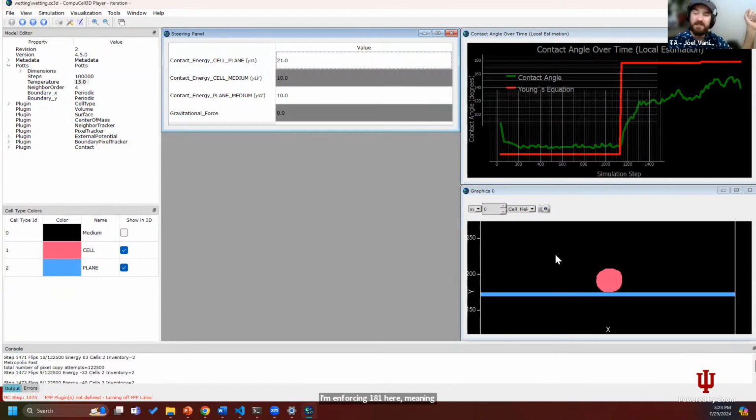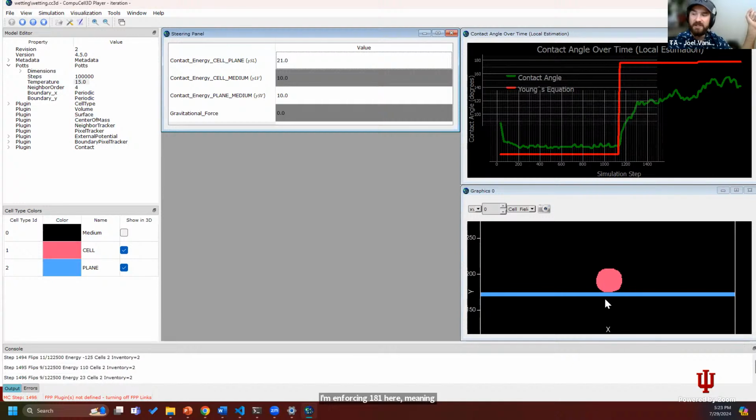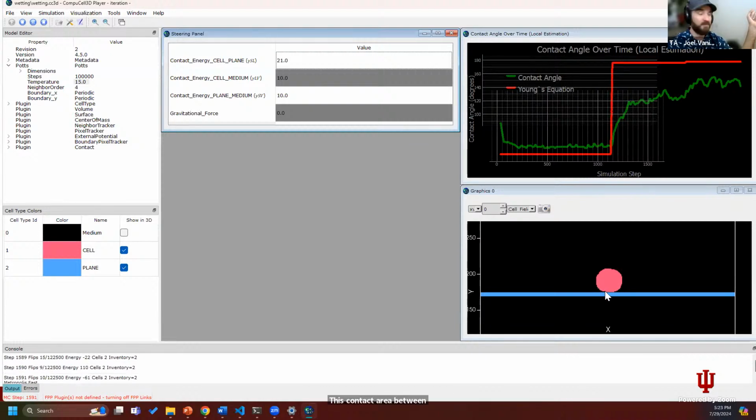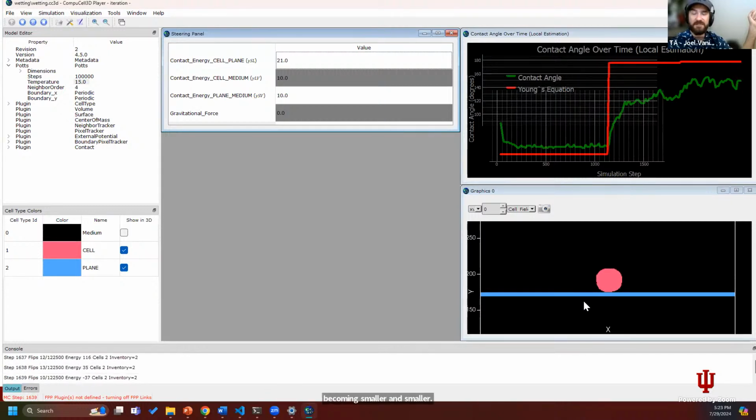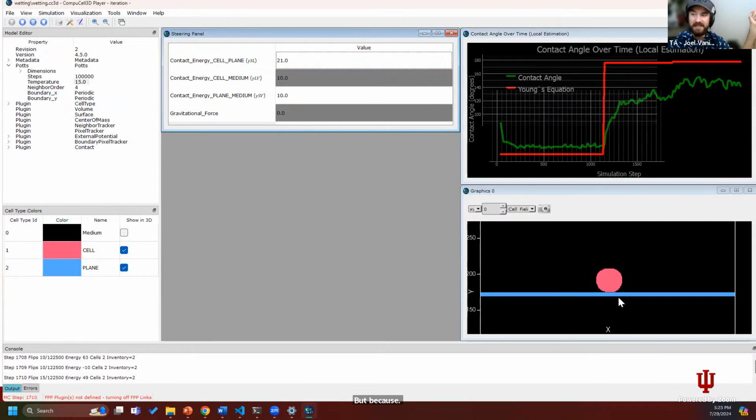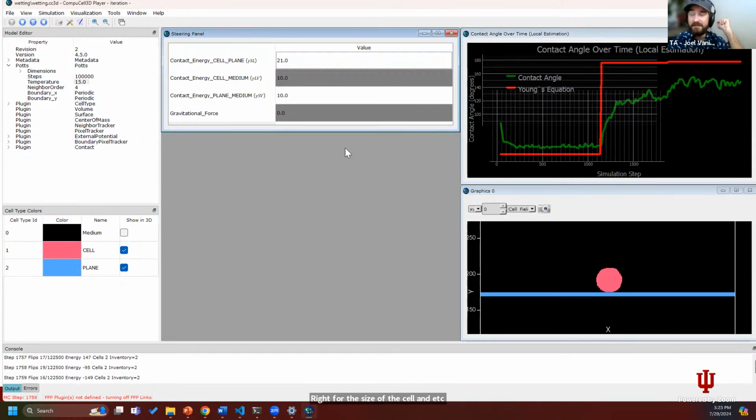You're not attached to the surface anymore. And you will see that slowly but surely, this contact area between the substrate and the cell is becoming smaller and smaller until it hits a point where it will detach. But because it's so small, the energy is still so small for the size of the cell, so it'll take a while for that value to be reached.